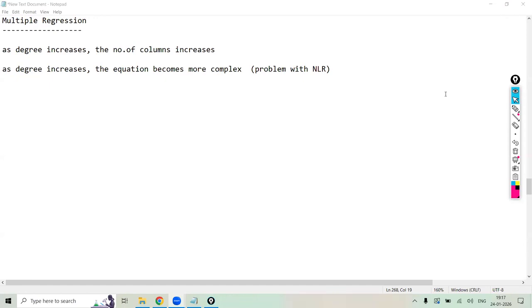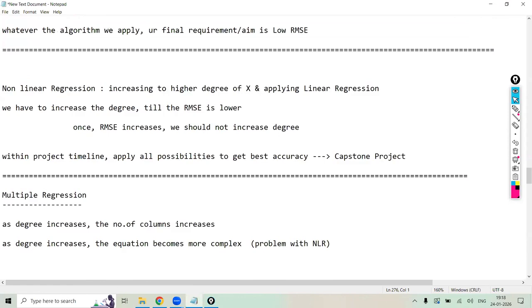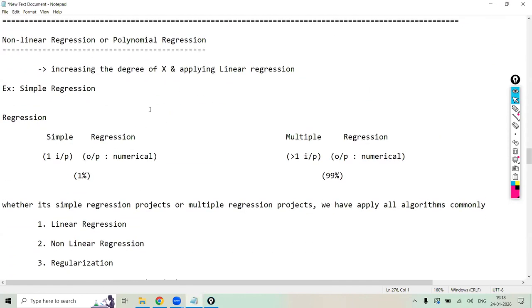X power n is called polynomial. Another name of non-linear regression is polynomial regression. Poly means x to the power of n. Degree increases.